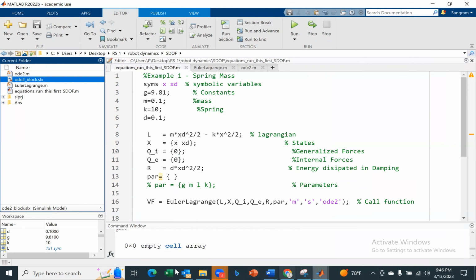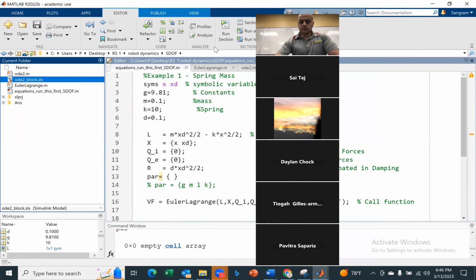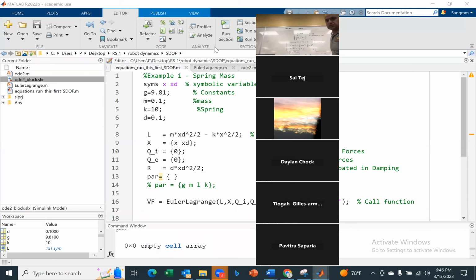So these are the equations. Are you able to see the equations now?